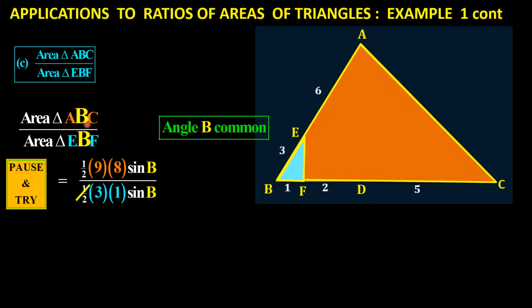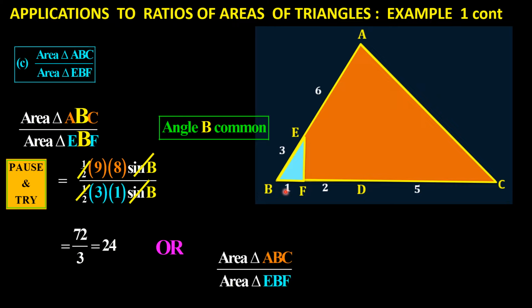So I want ABC. The adjacent sides there are 9 with 8, so it's 9 times 8. And the adjacent sides here are 3 and 1. So there I simplify that, and I end up with 72 over 3, which is actually 24.